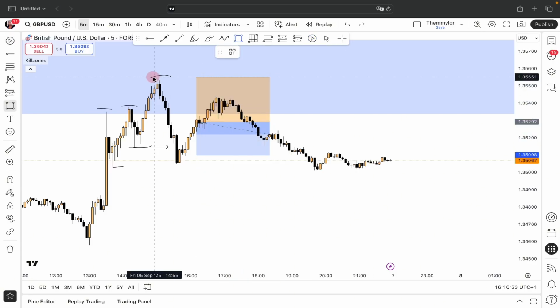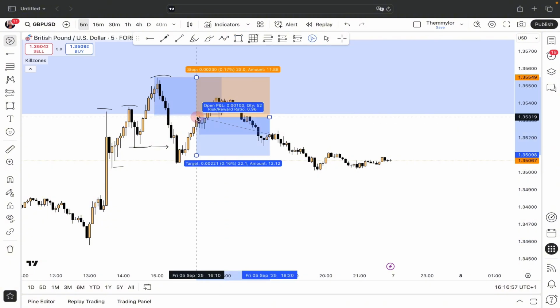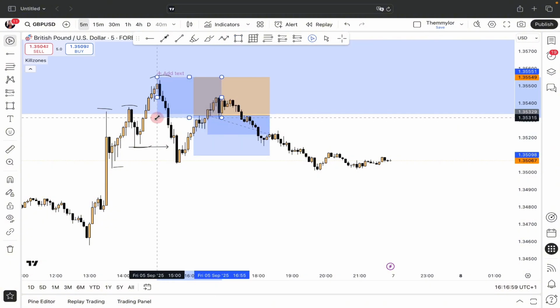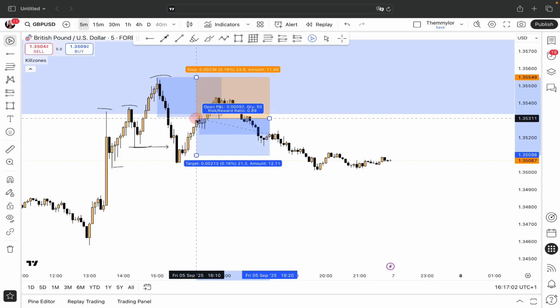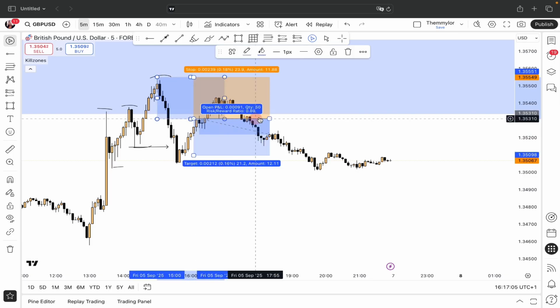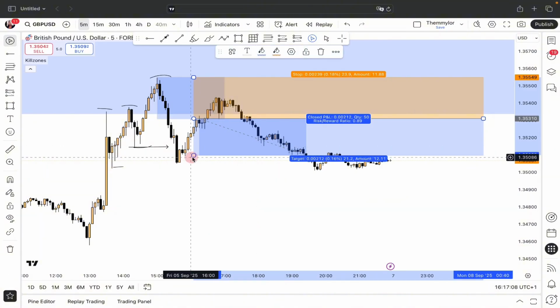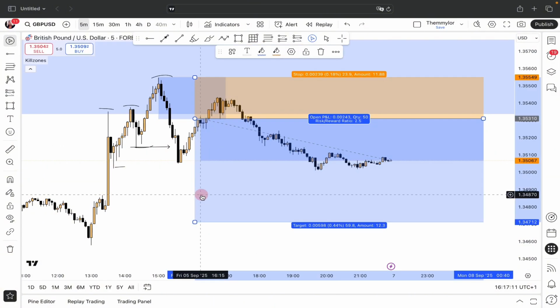We just look for a new supply zone or imbalance, and here we have it right here. I use the 50% of this imbalance, I market executed, so I'm presently in this sell trade right there, and I am in profit for now.